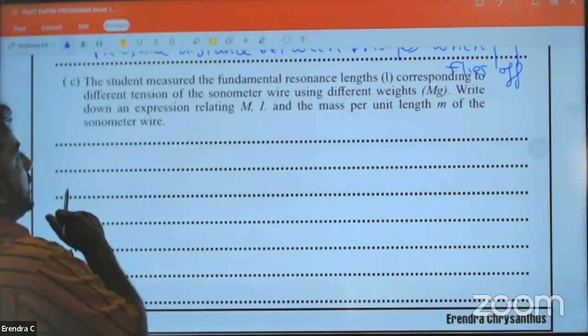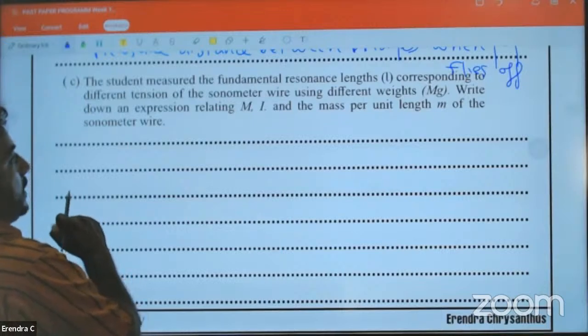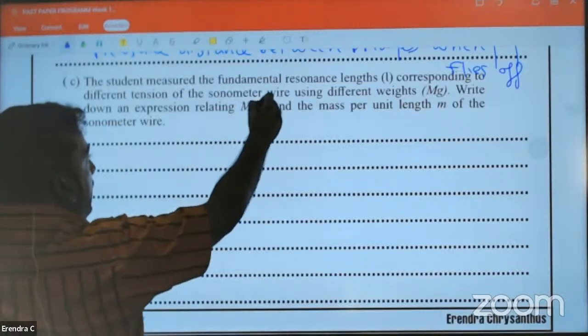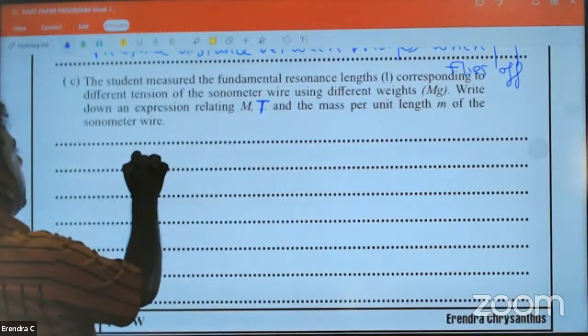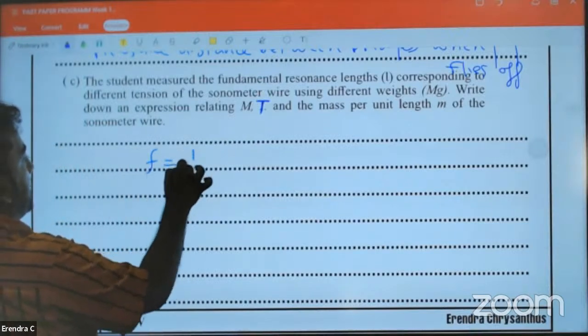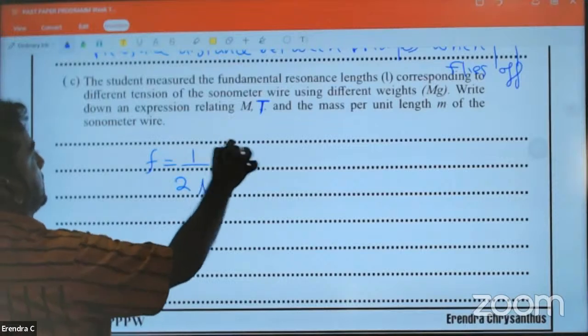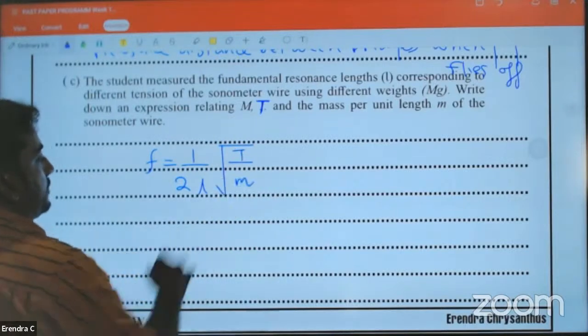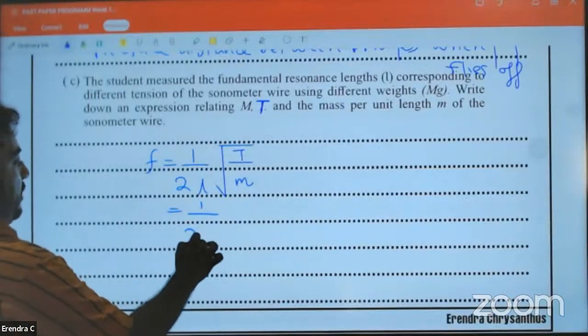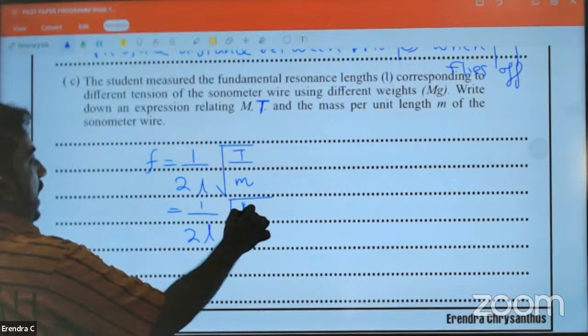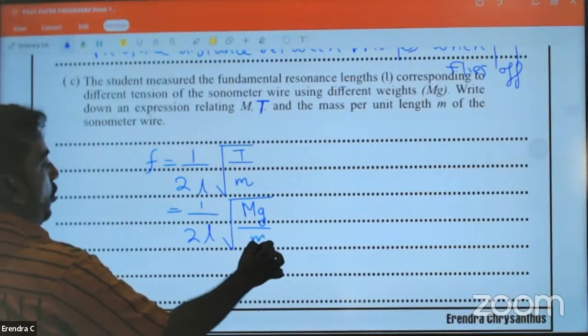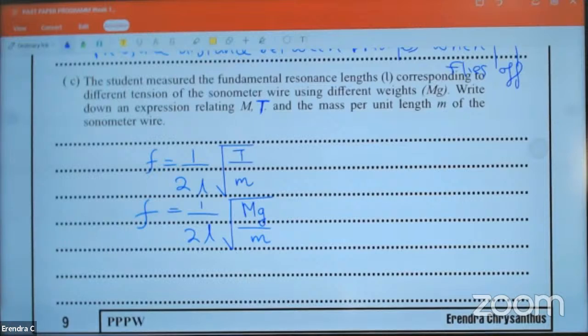So the fundamental resonance is f = 1 over 2L square root of T over small m. With tension becoming capital Mg, it is 1 over 2L square root of Mg over small m. From this you can get the frequency.